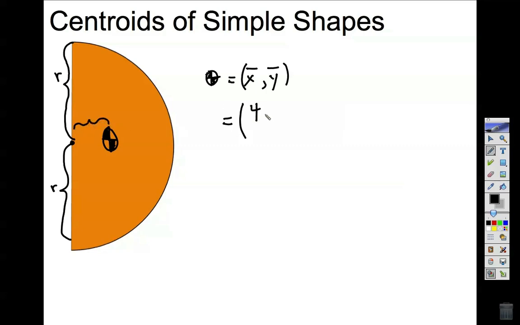Now they've kind of interchanged. 4r divided by 3 pi is going to be this x distance, and this y distance is the radius.